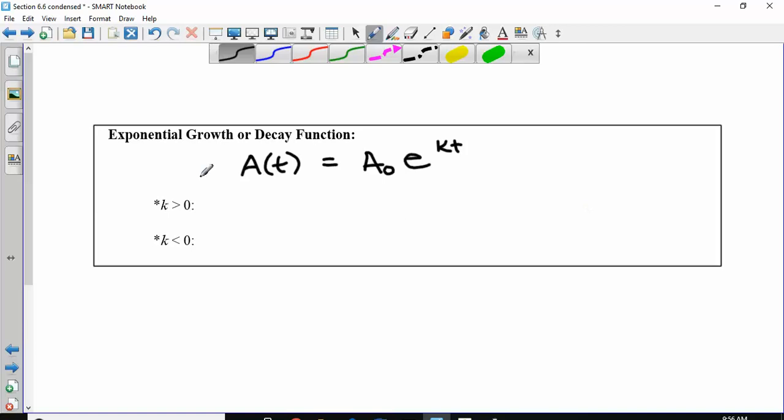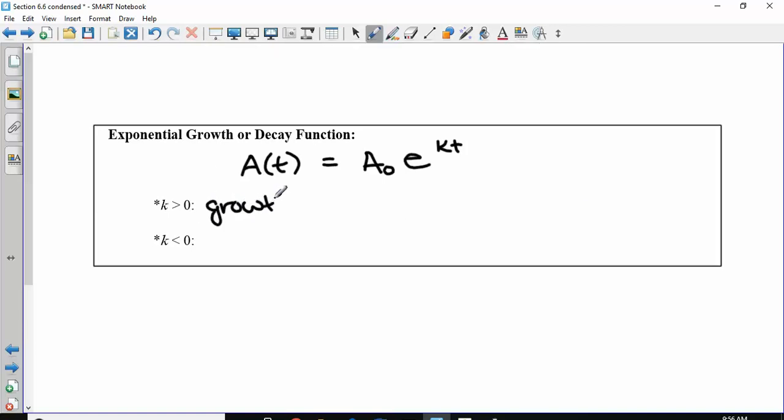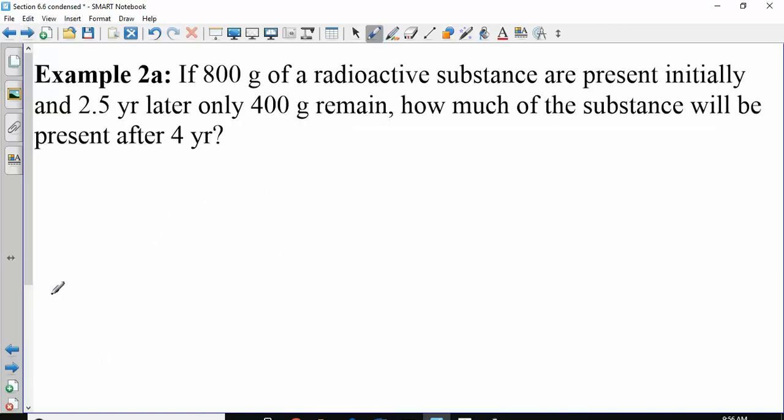So basically, if your k is greater than 0, that would be growth. As long as that number is positive, your amount would be increasing, and when it's negative, that would be decreasing, or we call that decay. So this is just a type of exponential, so we could solve some of these. And I've got several examples of this.